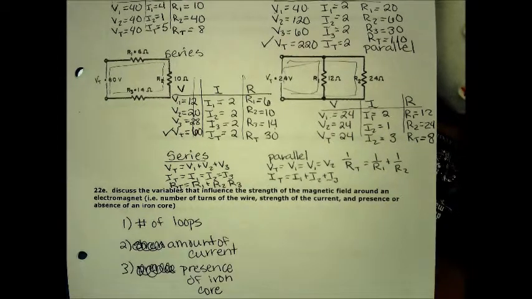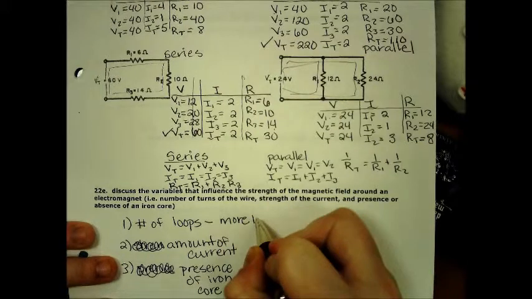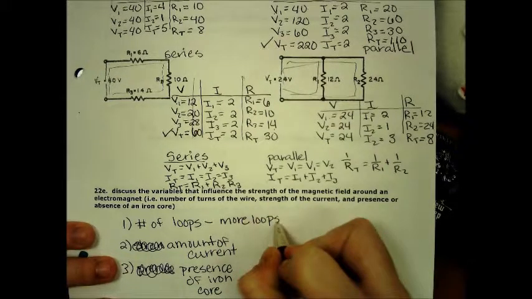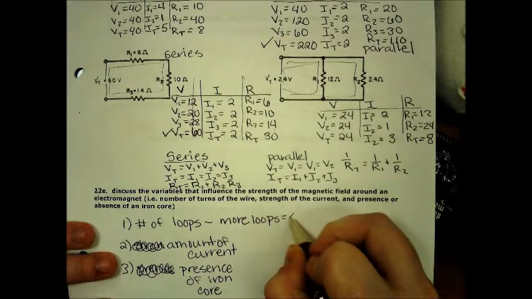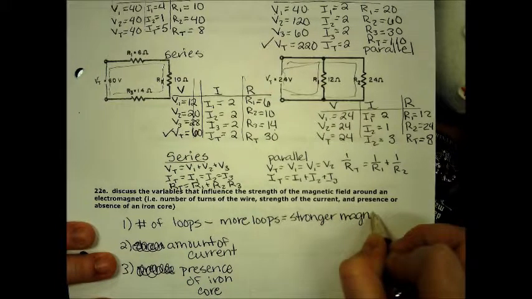So what you need to be able to do is tell me whether they're going to increase or decrease things. More loops equals stronger magnet.